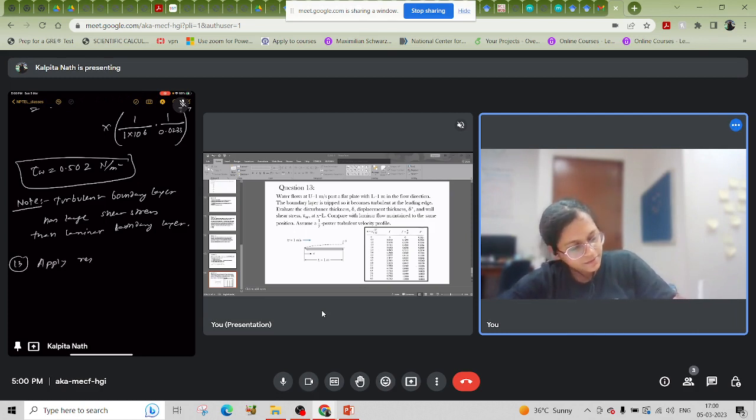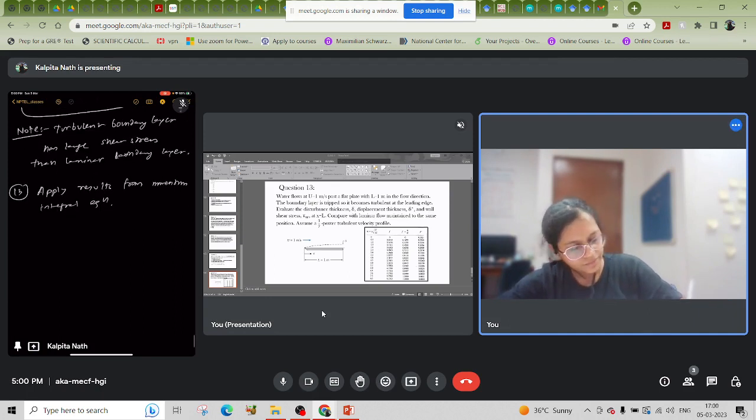Apply results from the momentum integral equation for turbulent flow. Governing equations are: delta by x equals 0.382 Reynolds number to the power 1/5.